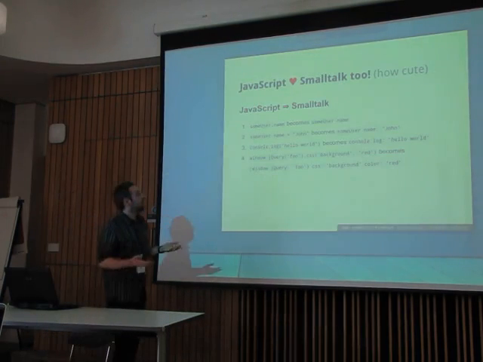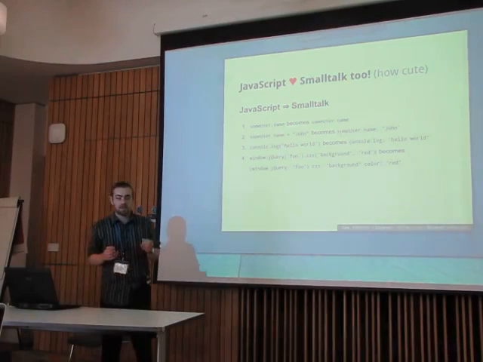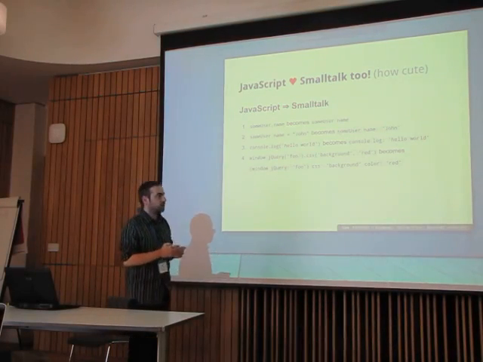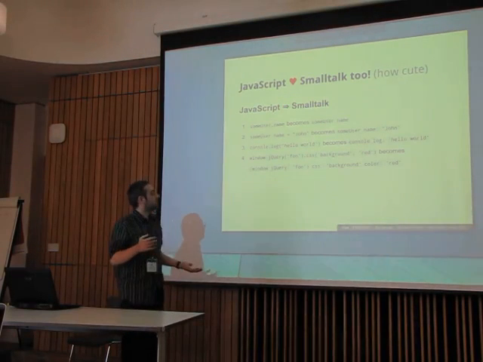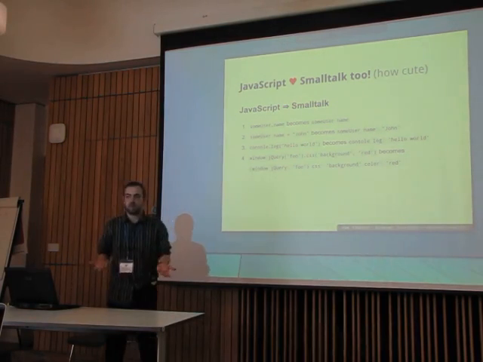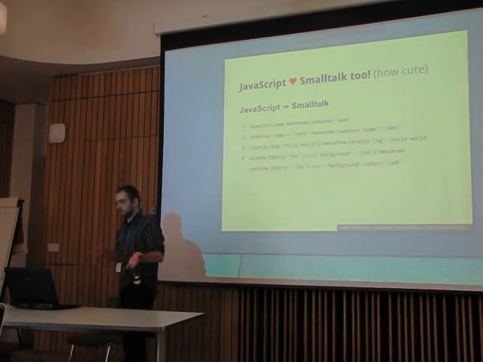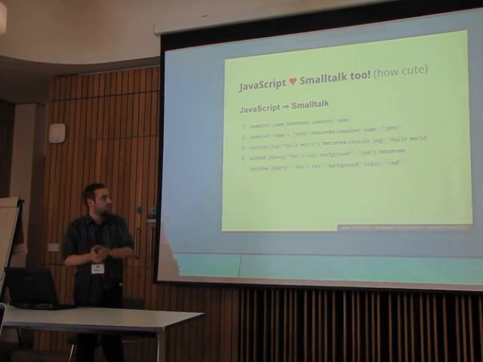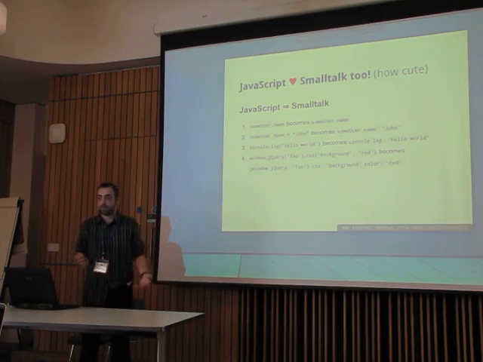Okay, the good news is the opposite is also true. So what you do in JavaScript, you can do in Smalltalk too. So you never have to write a binding for a library. Everything that is available in JavaScript will be available in Smalltalk for free.